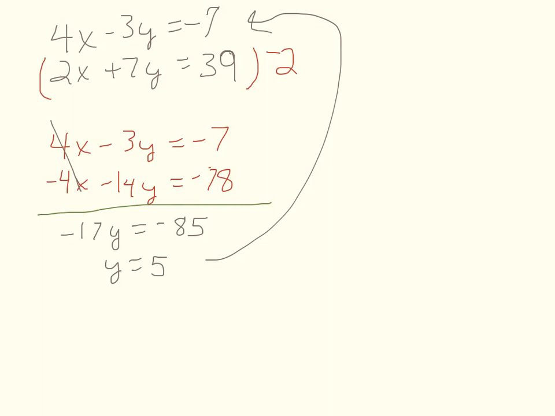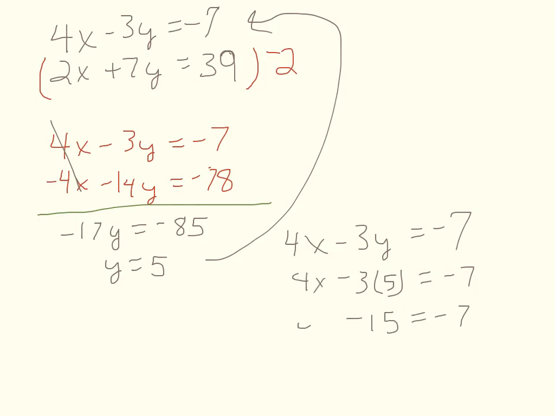So we can see again, if you took 4x minus 3y equals negative 7, and we see this is 3 times 5, which gives us 15. And this is 4x. Then when you simplify it, you'd find out that x is equal to 2. Again, we get 2, 5 for the answer.